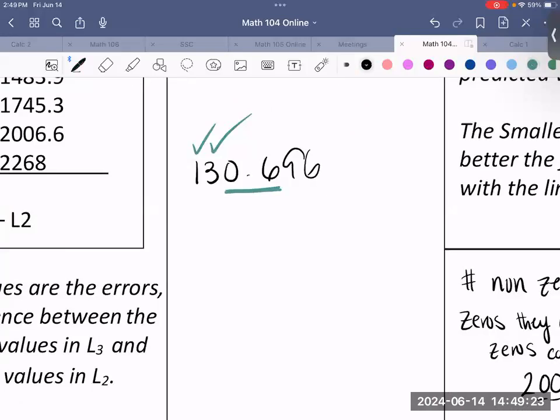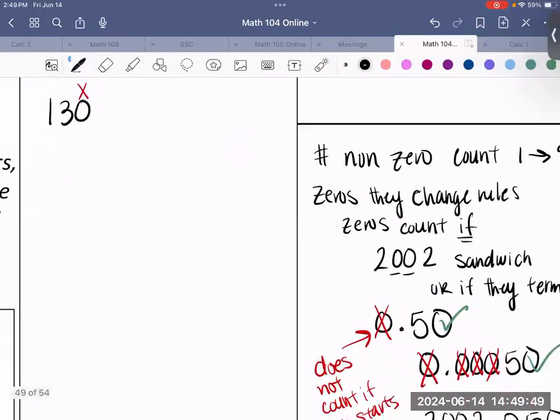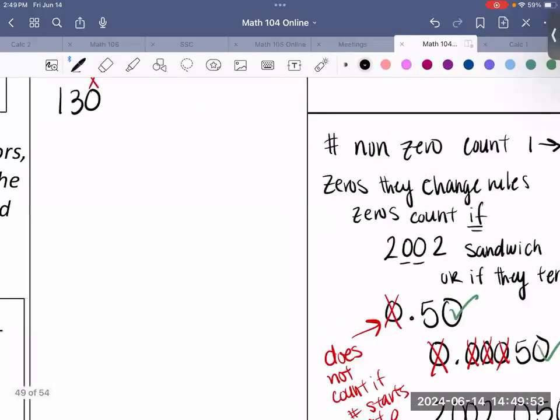But the second you take away that decimal place from that 6, it no longer counts. So right now this is counting only as 2, 1, 2, because then it terminates.